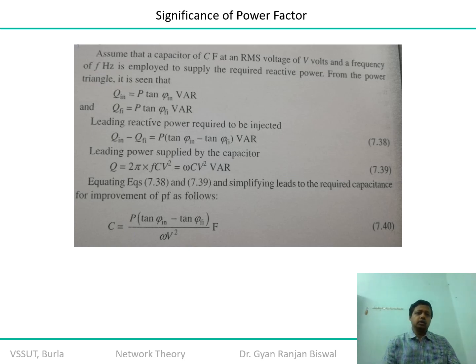You can use the capacitance to primarily improve the power factor, using the relationship mentioned in equation 7.40. That is how the capacitance can be used, as far as the RMS voltage is concerned, to supply the required amount of reactive power. From the parallel triangle, you can improve the power factor.